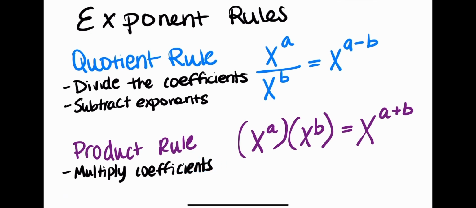So like, let's say the coefficient here was 2 and then this coefficient was 3, so then you would get a 6 here. Okay? So that's normal. But as for exponents that have the same base, you're going to add the exponents. So these are the two rules that we need to remember as we are performing polynomial long division.